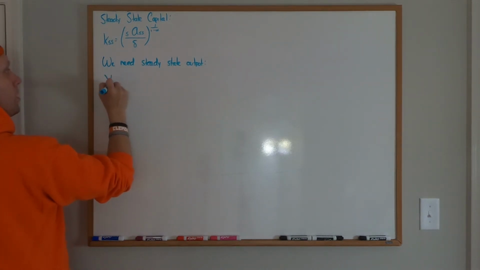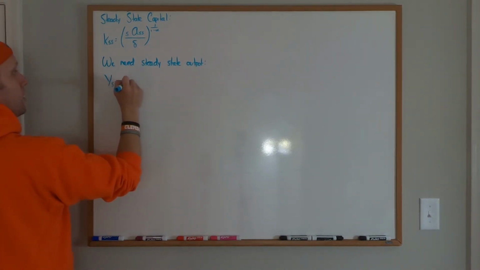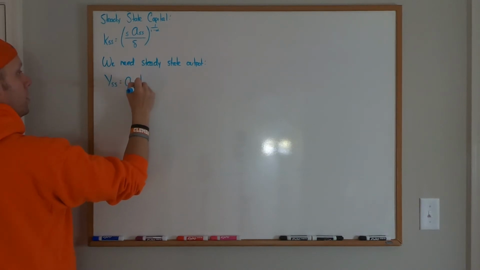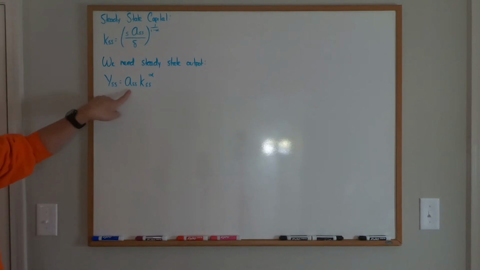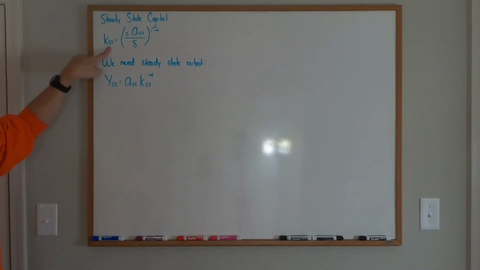If you remember, steady state output is equal to A times K to the alpha. Right, well now I know what K is.